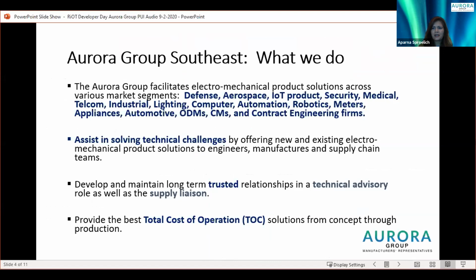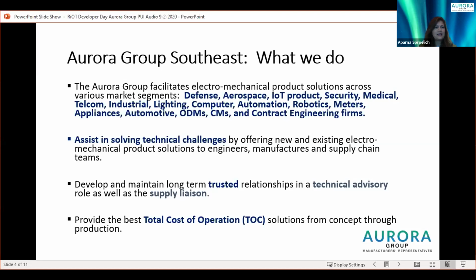What we do, the Aurora Group facilitates electromechanical product solutions in various market segments, ranging from IoT products, defense, CMs, contract manufacturing, computer, automation, robotics, nearly everything we get involved with. We strive to assist in solving technical challenges by offering new and existing electromechanical product solutions to the engineers, manufacturers, and the like.